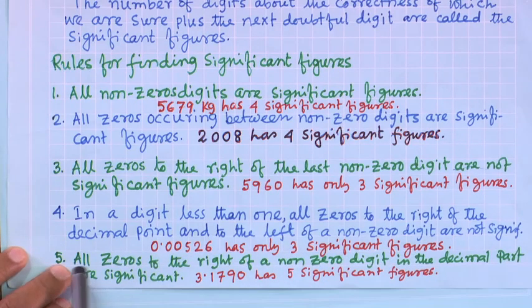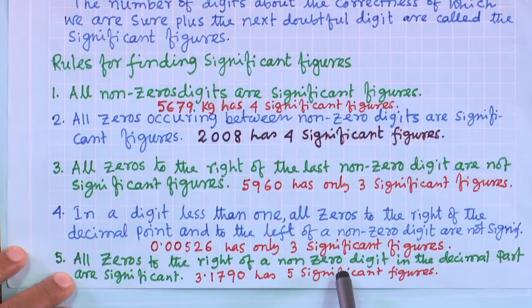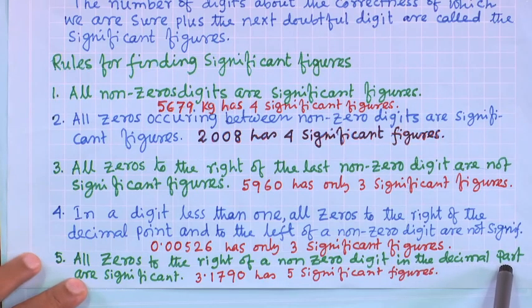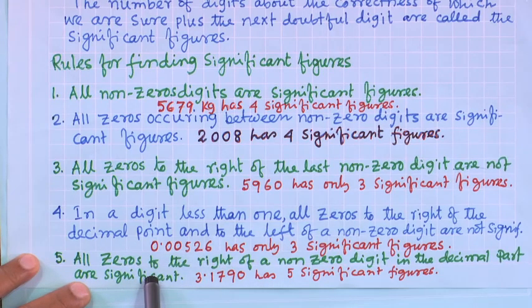The 5th rule is that all zeros to the right of a non-zero digit in the decimal part are significant. Take 3.1790.